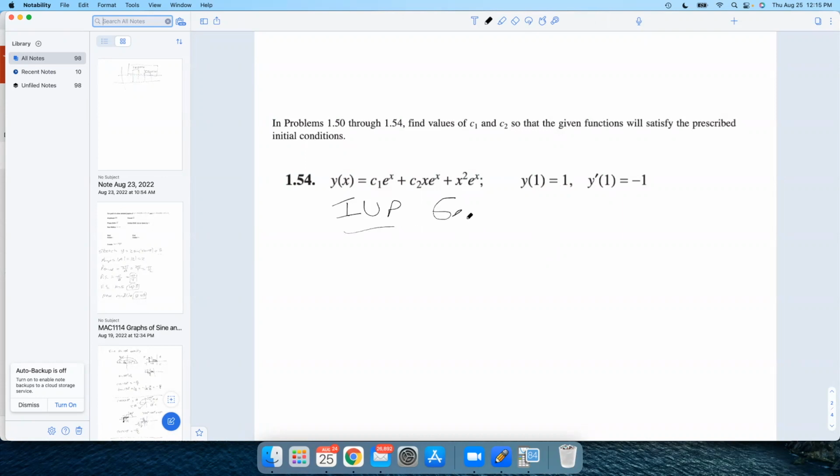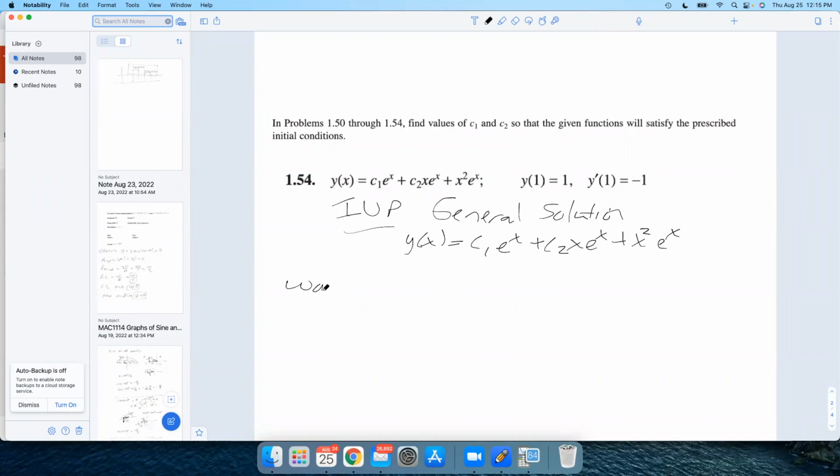So my general solution was this guy. y of x is some c1 e to the x plus c2 x e to the x plus x squared e to the x. And I want to find a particular solution that satisfies these two initial conditions.